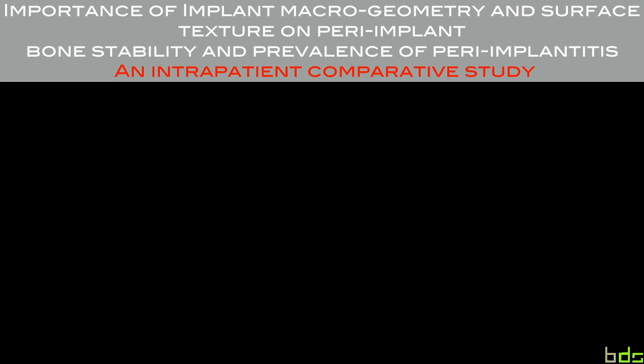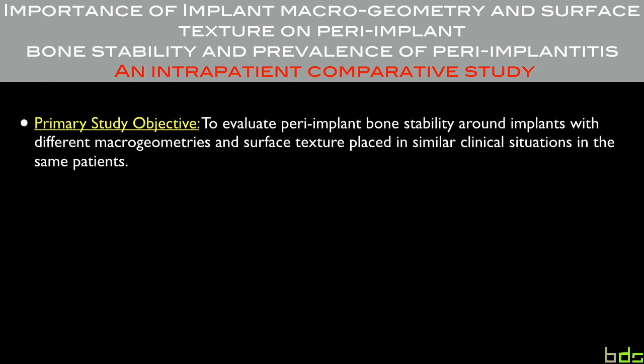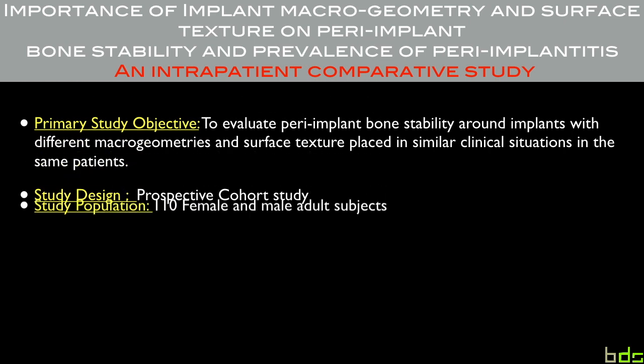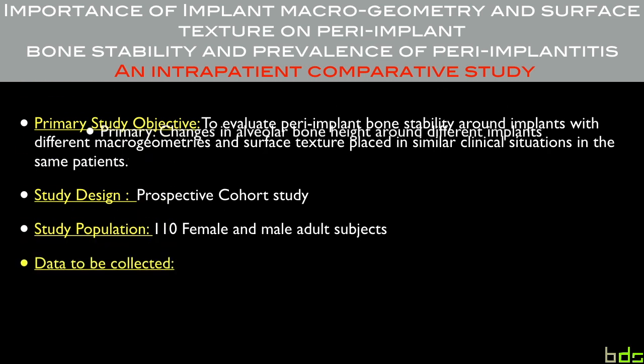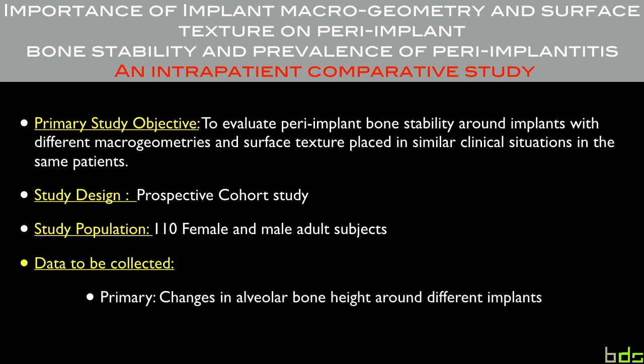So we completed a study in our office. This type of study is a prospective cohort study that included 110 female and male subjects. What we wanted to know is, primarily, changes in alveolar bone height around different implants, and secondarily, the prevalence of periimplantitis.